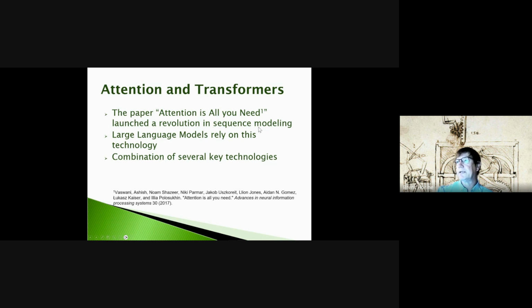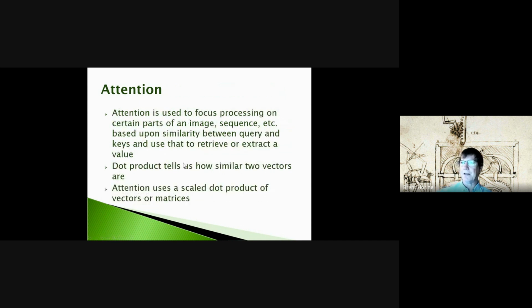It's important in this sequence modeling. Really it's a combination of several key technologies. When you read the footnote on all these different authors, it tries to explain what author did what for this overall system, and it's an amazing combination of several different key technologies.